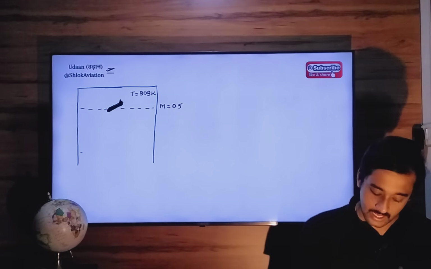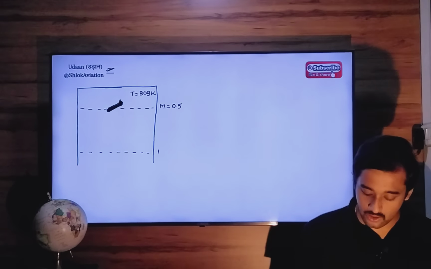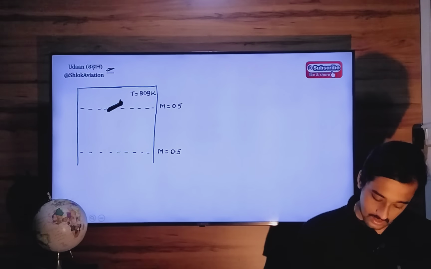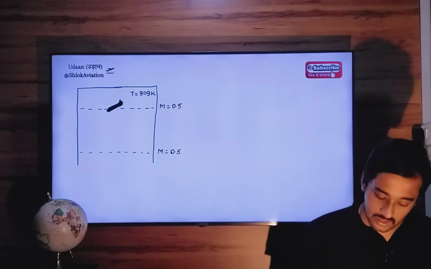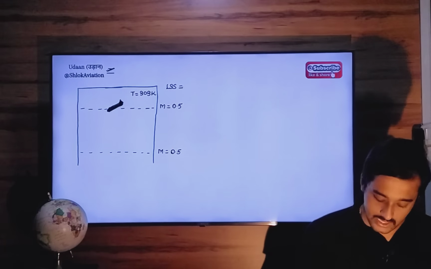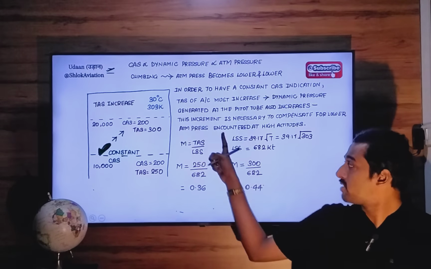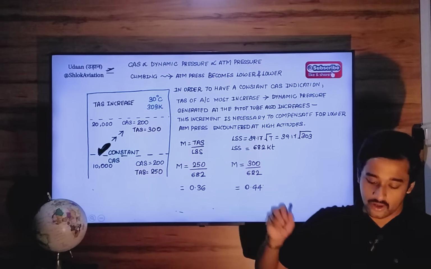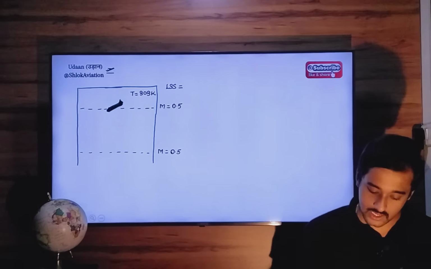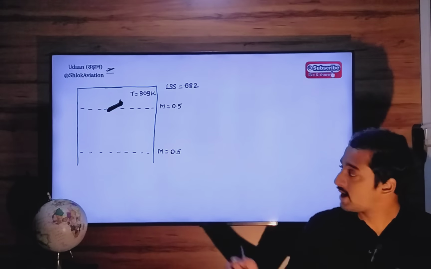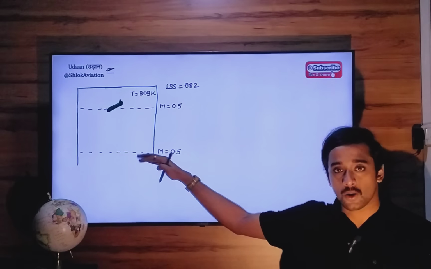When you come down to 10,000 feet, your Mach number is still going to remain the same, 0.5. Now, local speed of sound will be 682, the same as before. With this temperature of 303 Kelvin, local speed of sound is going to remain constant at 682 knots, whether you are at 20,000 feet or you come down to 10,000 feet.